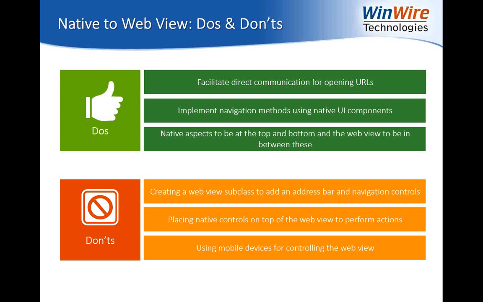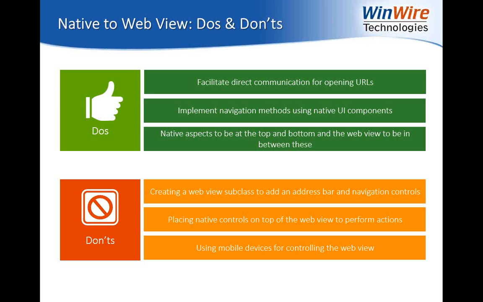The list of don'ts includes creating a web view subclass to add an address bar and navigation control. This would essentially mean we are trying to create a browser, so this is something that we don't do. Then, placing native controls on top of the web view to perform actions basically breaks functionality.